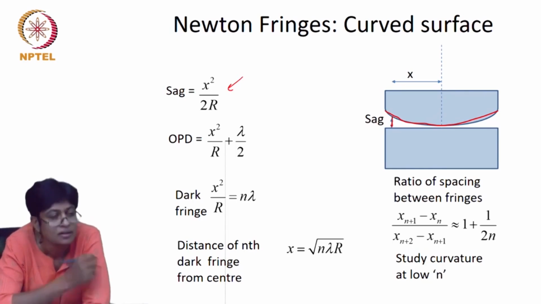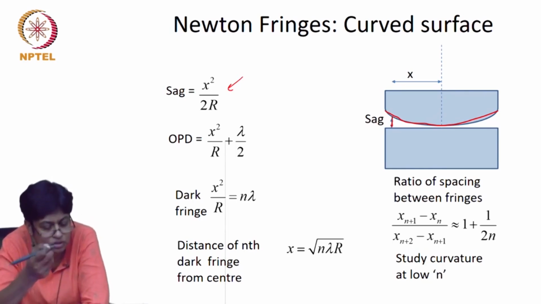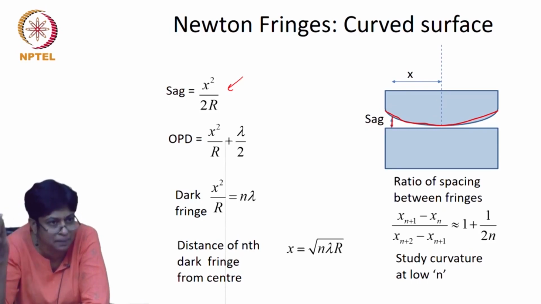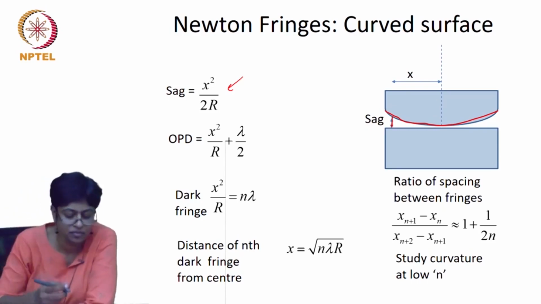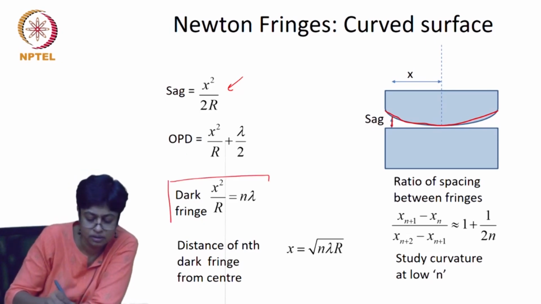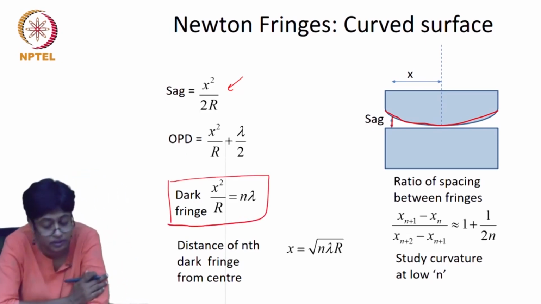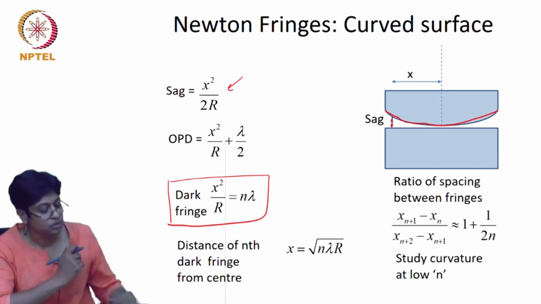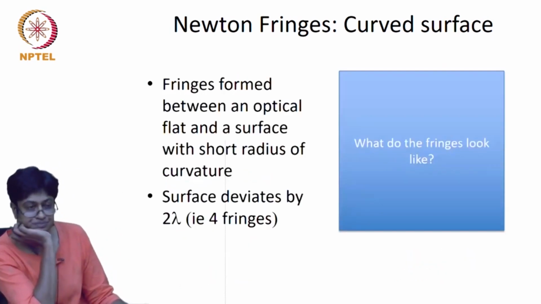And again it is an air glass reflection, so there is an extra lambda by 2 path length, or that pi phase, I have to think about, and so the dark fringe is going to occur in this region. What do the fringes look like now?